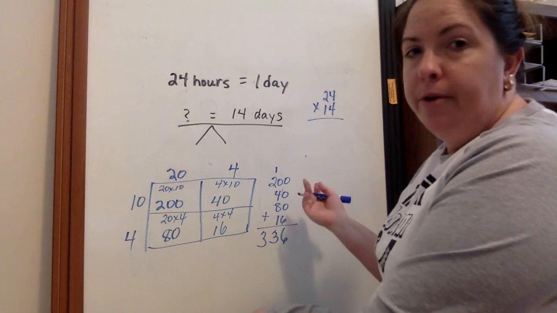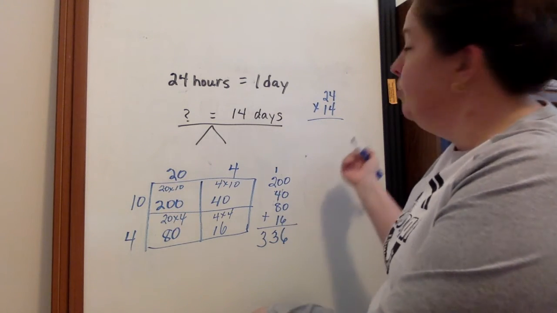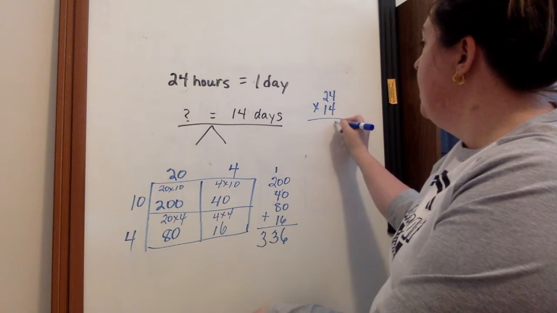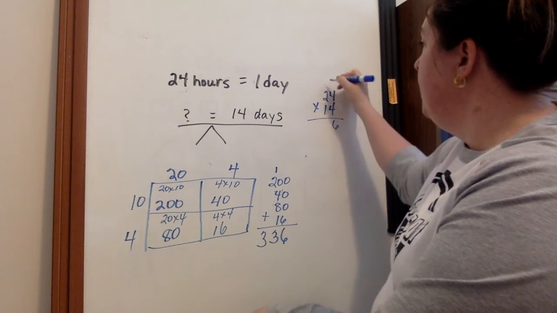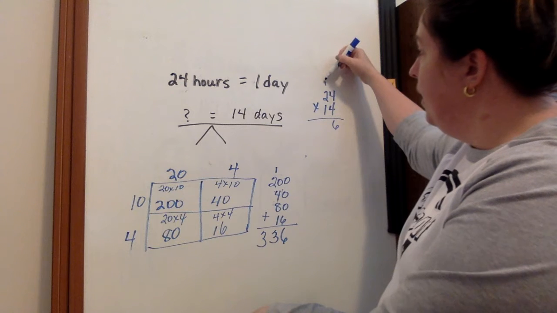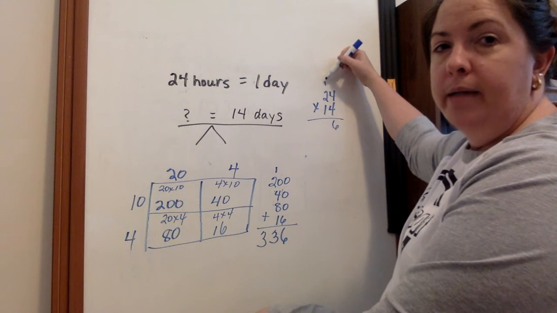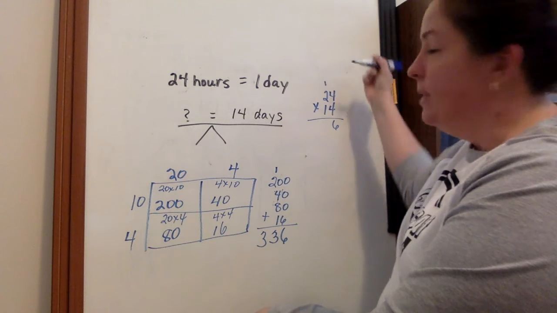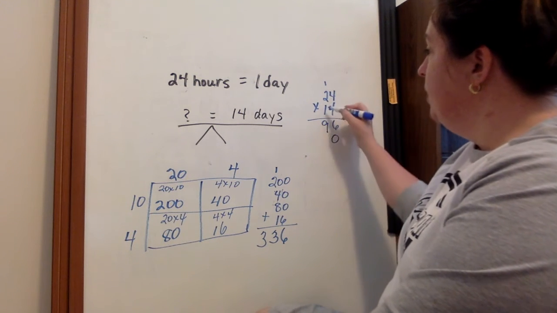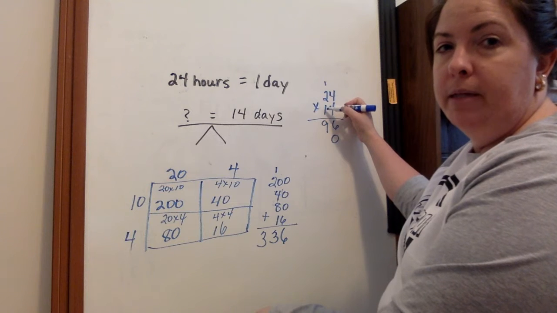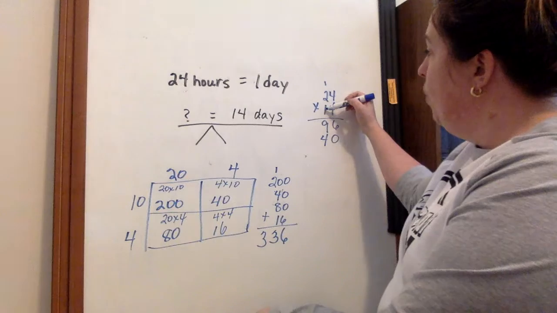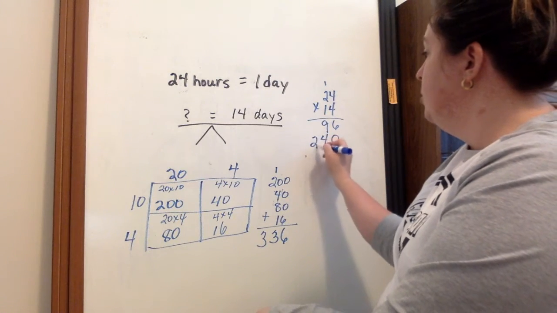Now, our standard algorithm, if that's how you choose to do your multiplication, that's fantastic as well. 4 times 4 is 16. 4 times 2 is 8, and then I carried or regrouped this 1 ten, so I add it. That's 9. I have my placeholder 0 since I've moved to multiplying in my tens place. 1 times 4 is 4. 1 times 2 is 2.